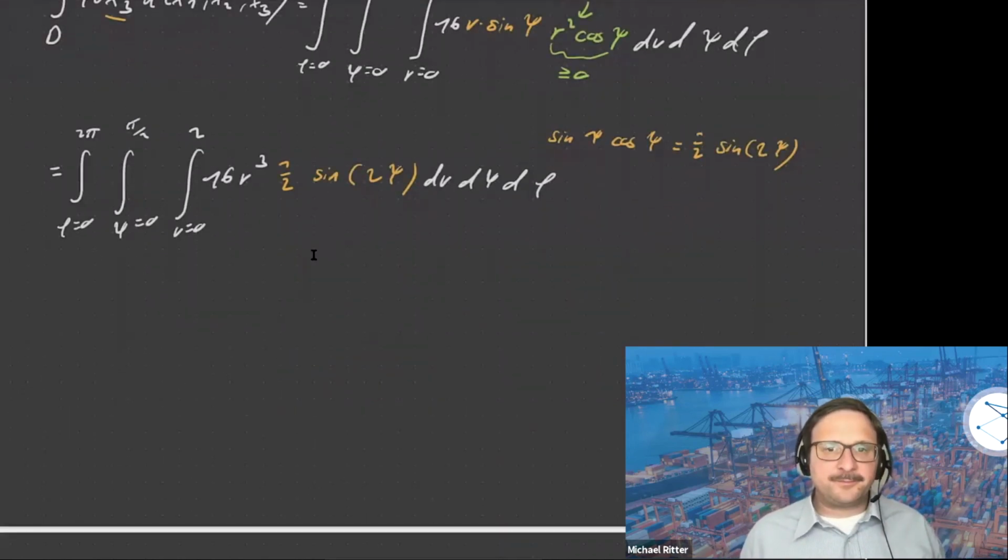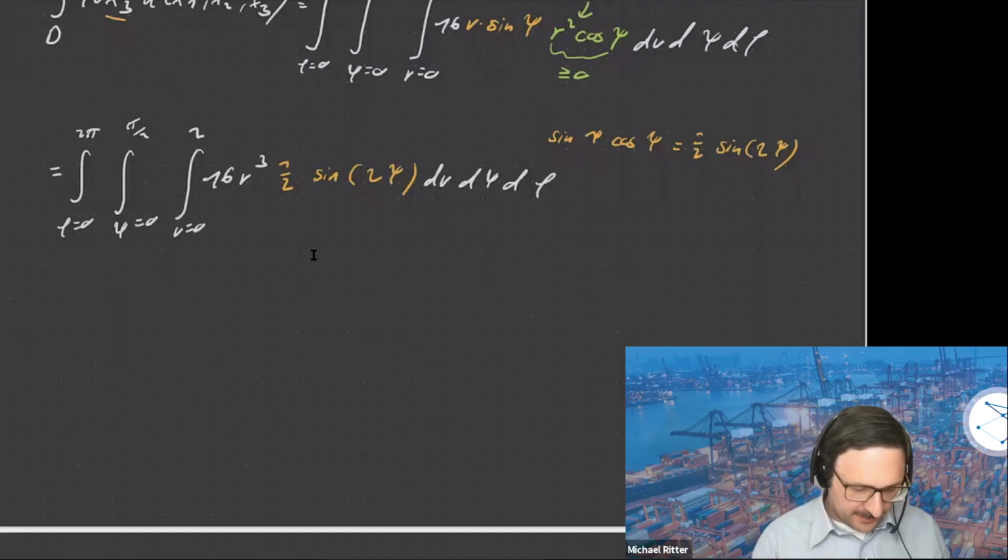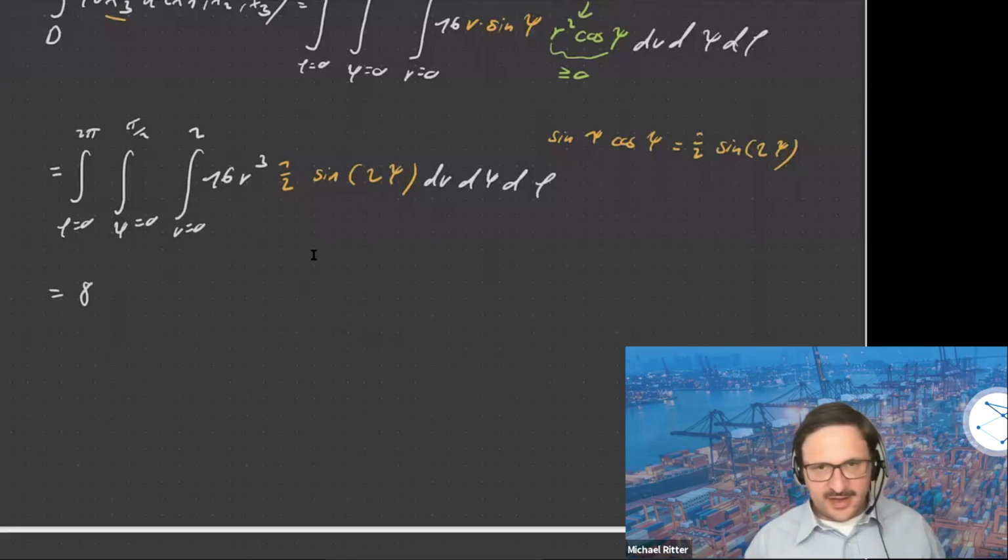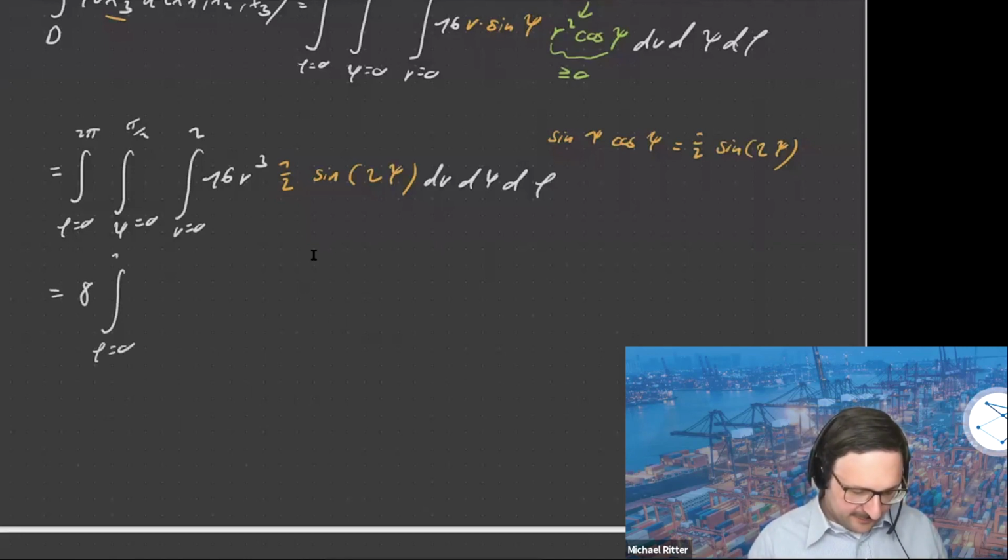Okay, so let's actually start the integration. We have 16 here and 1 over 2 here, so 16 over 2, this is 8. Let's just take out the constant, 8. We leave the phi integral and we leave the psi integral for now.